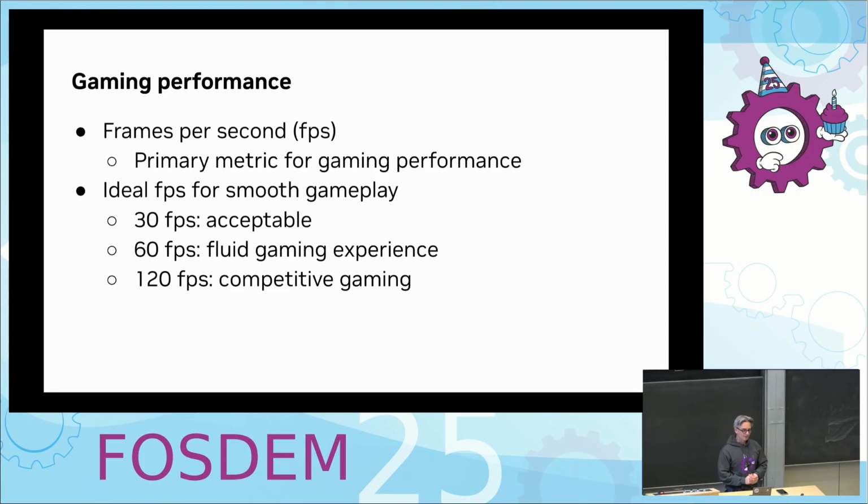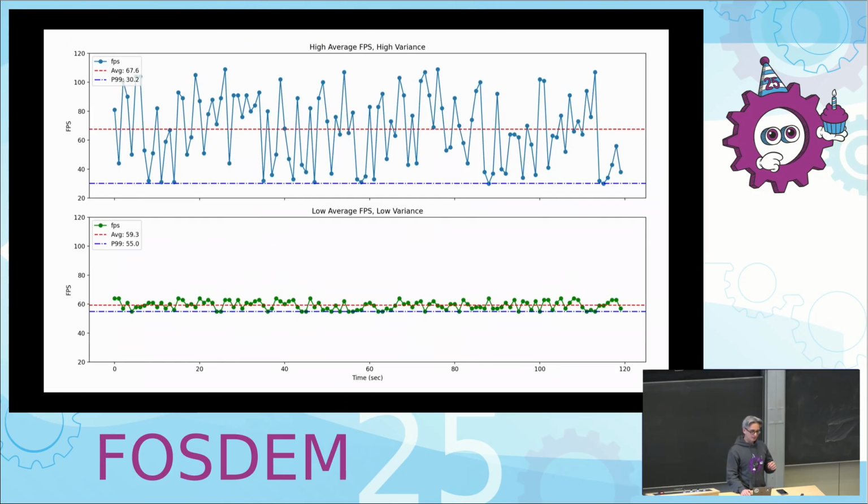That's probably required if you do competitive gaming, stuff like that. But of course, this is a generic way to give a number, and sometimes you need to go a little deeper.